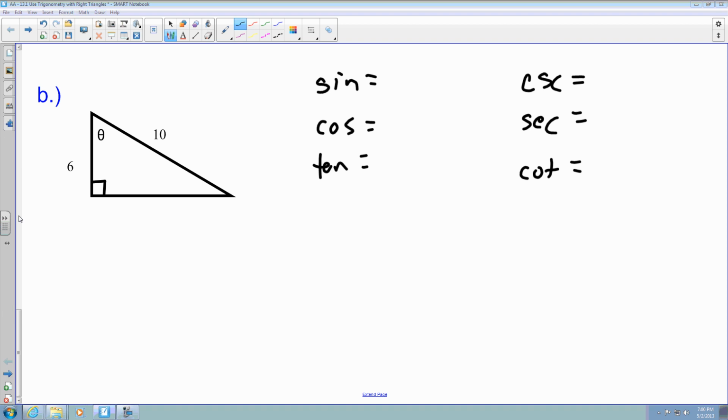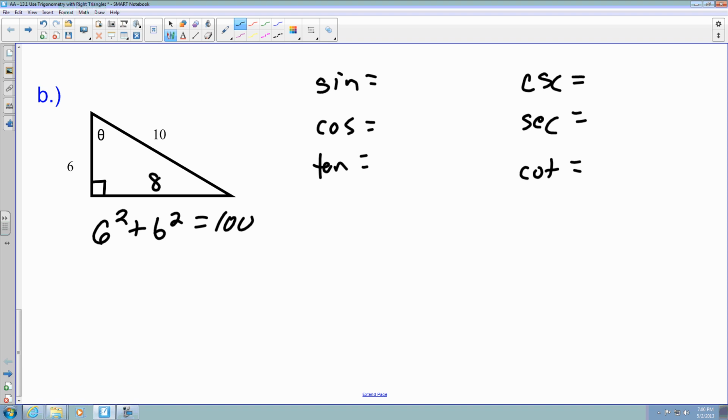I'm given the hypotenuse, I'm given one leg. So here I can use 6 squared plus b squared equals 10 squared, which is 100. So 6 squared is 36, so 100 minus 36 gives me 64. Square root of 64 gives me 8. So I can use that to help me find what those definitions will be.